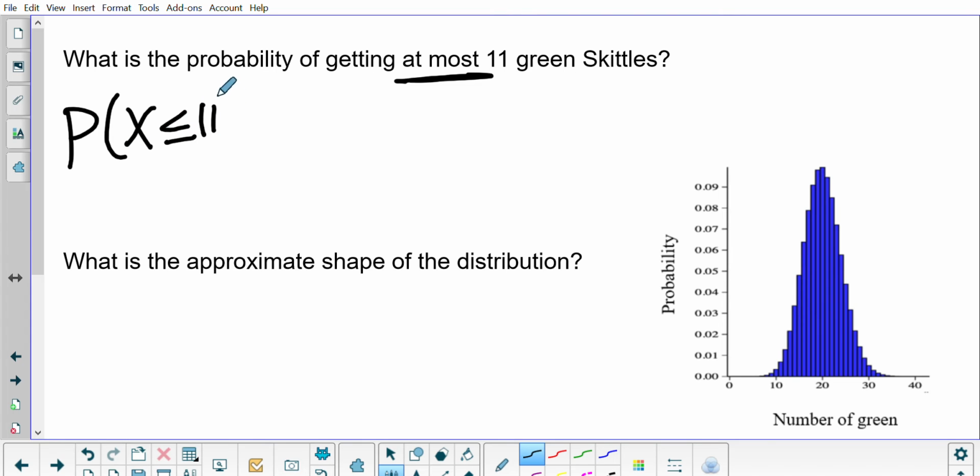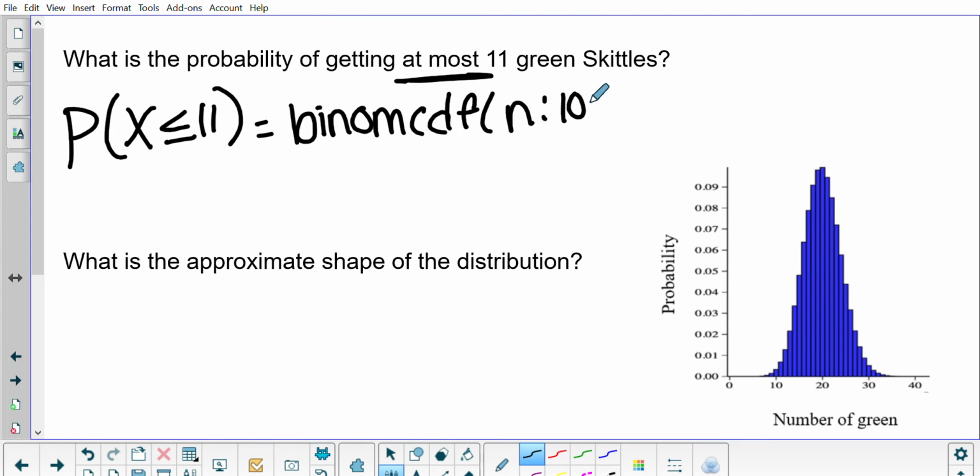If I use my calculator, CDF, my trials is 100, my probability is 0.20, and my X is 11, and I got 0.0126.